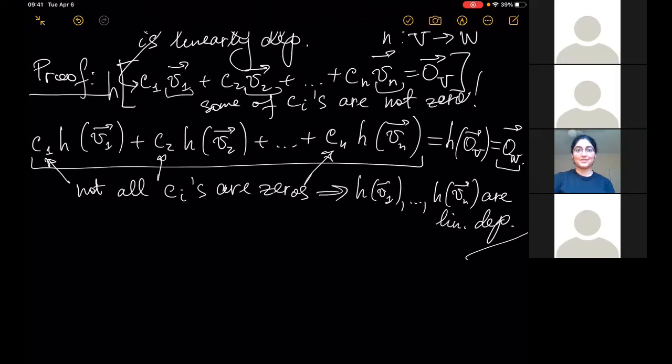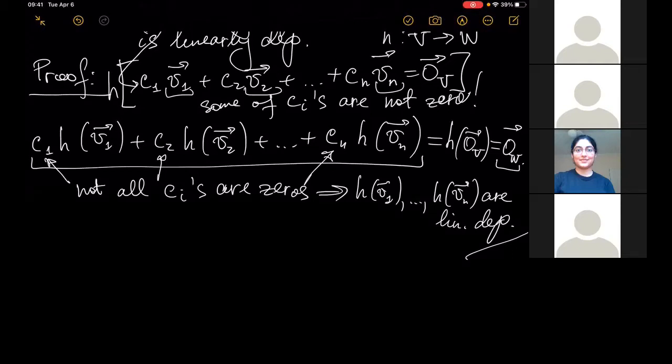Now there is a question. You remember before, for the isomorphism, we said that if we start from a linearly independent set of vectors under an isomorphism, we will get again a linearly independent set of vectors.